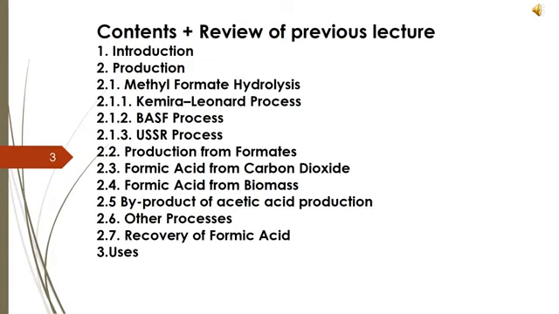So after D, we have flashed the materials into E, and after flashing we have done what? In the acid separation column G, we have done the distillation of methyl formate and methanol, and in vacuum we have done the distillation to separate these.